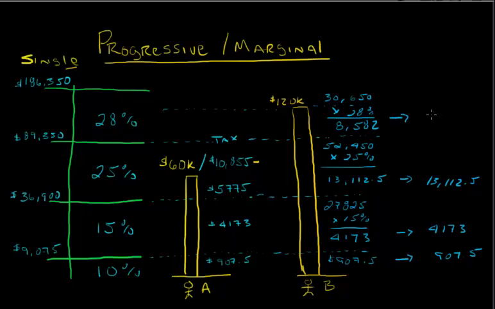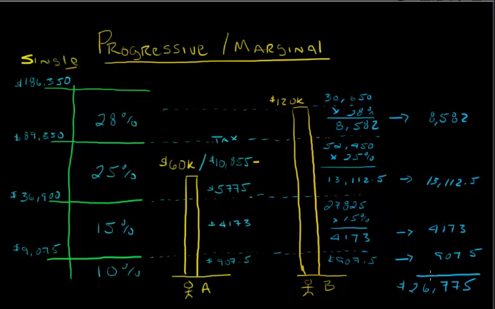Move that over here, 8,582. And now we're going to add up all of these numbers here, and what we come up with is a grand total of $26,775. Okay?